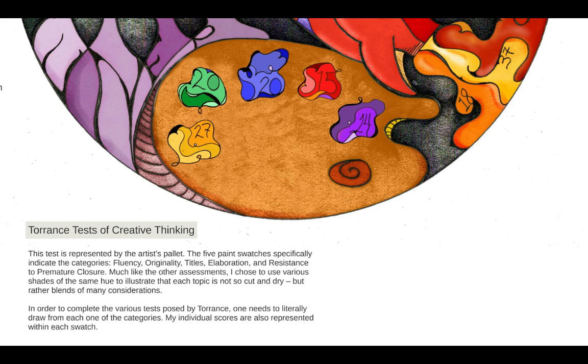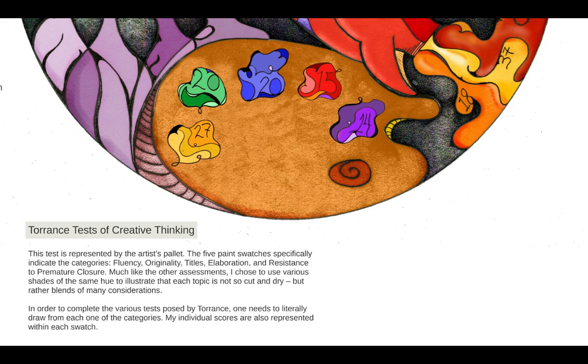The Torrance Test of Creative Thinking. This test is represented by the artist palette. The 5 paint swatches specifically indicate the categories fluency, originality, titles, elaboration, and resistance to premature closure. Much like the other assessments, I chose to use various shades of the same hue to illustrate that each topic is not so cut and dry, but rather blends of many considerations.